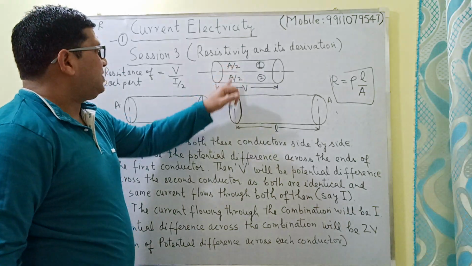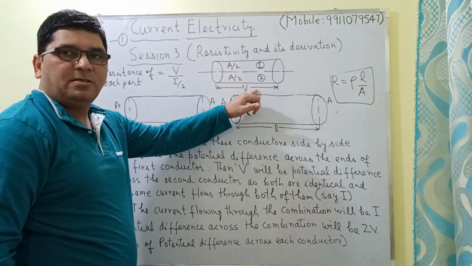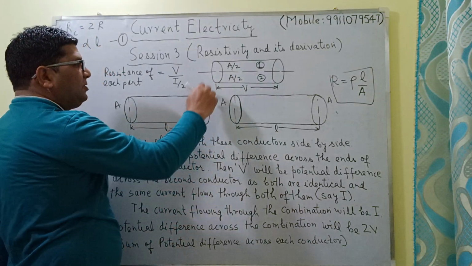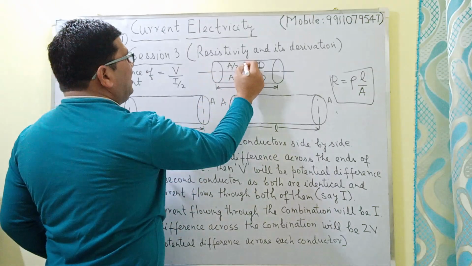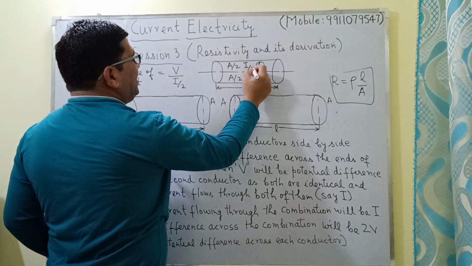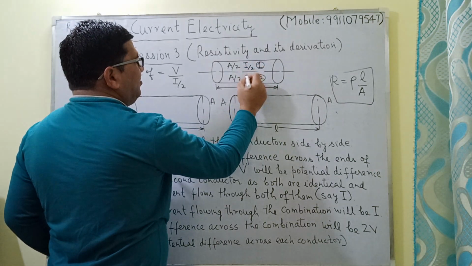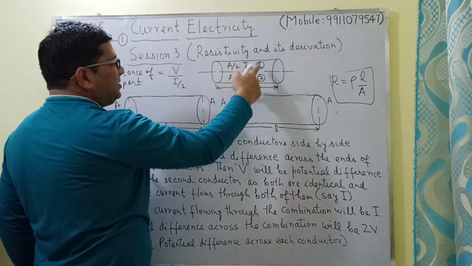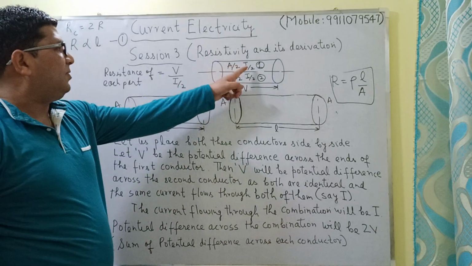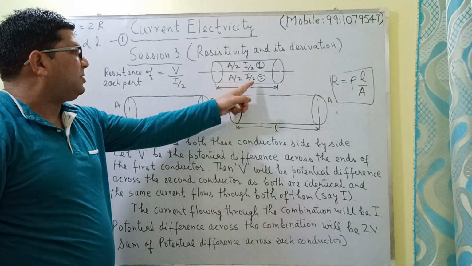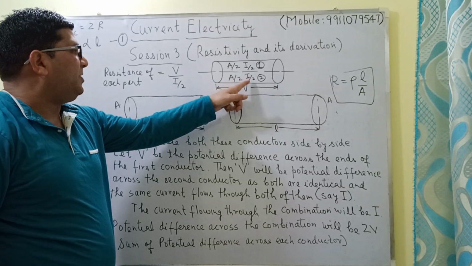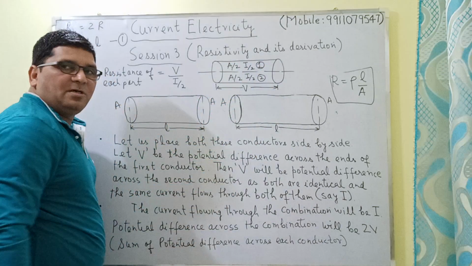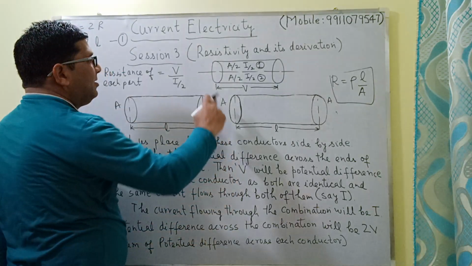The potential difference across both these two parts is V, and since both these two conductors are identical in nature, therefore the current I will be equally split in these two parts. That is, the current flowing through this part 1 will be equal to I by 2, and the current through this part 2 will be equal to I by 2. So the current in both these two parts will split equally.